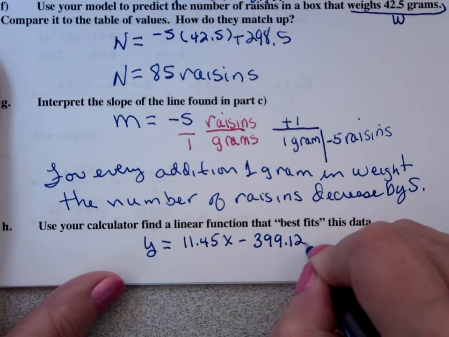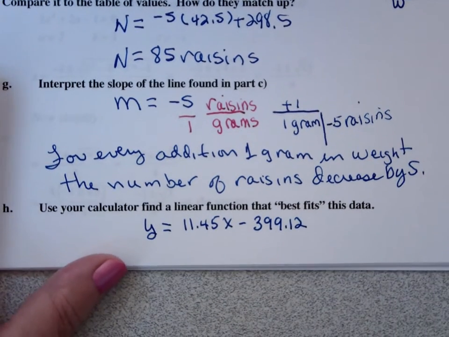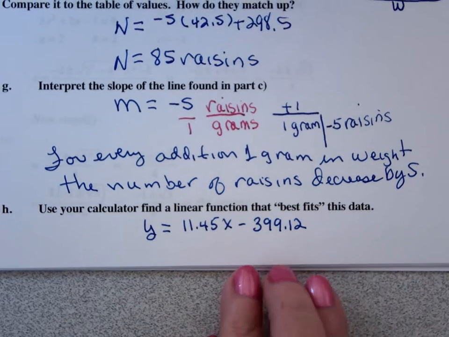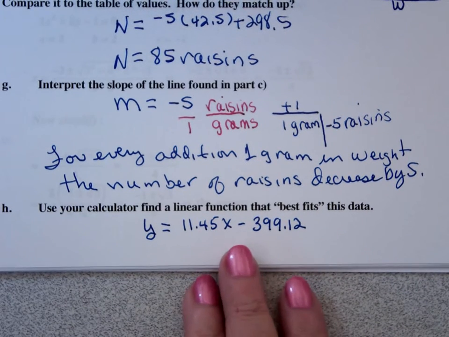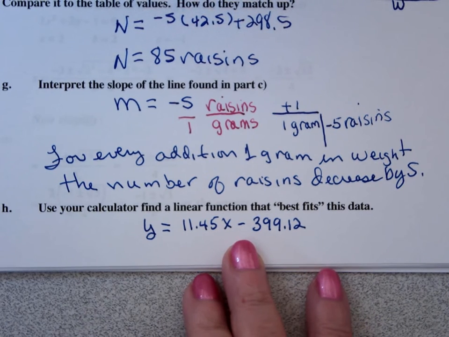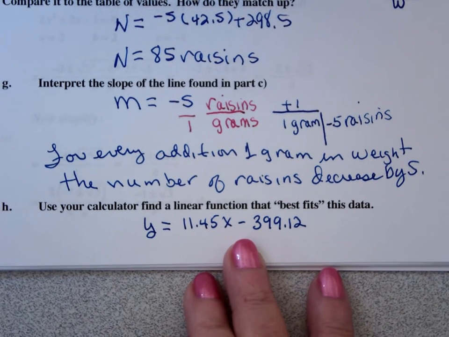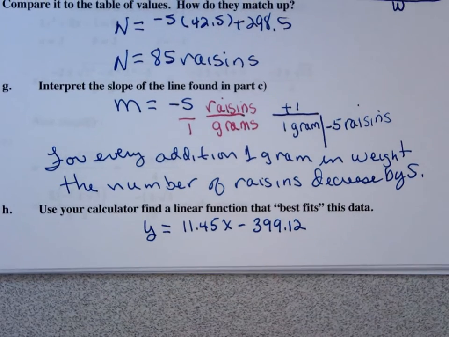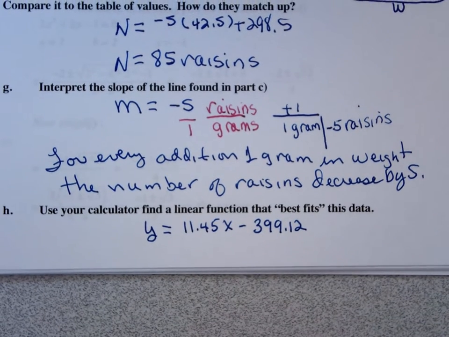And already this doesn't make any sense. Why does this not make any sense? If the weight is 0, how many raisins do I have? A negative number of raisins. Maybe we ate them before we had a chance. I don't know, but it doesn't make any sense.